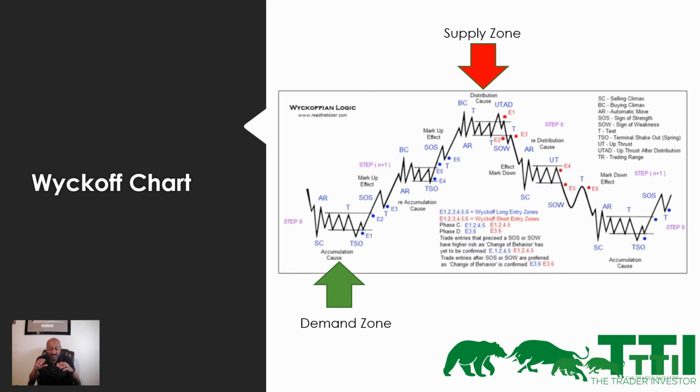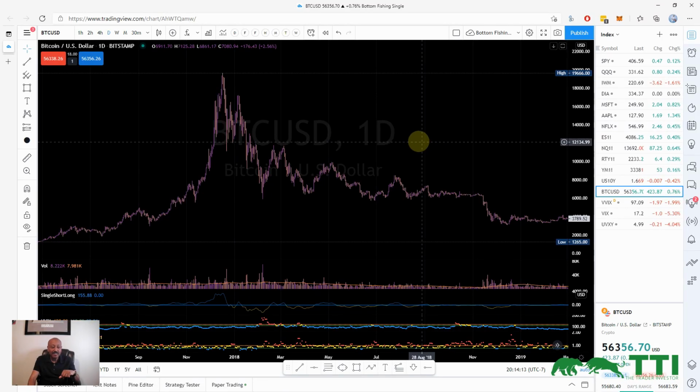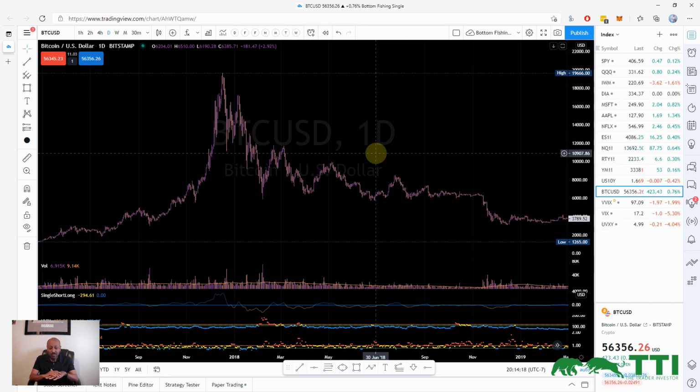Within those trends is where we'll see order blocks, demand zones and supply zones. Mostly for my entries, I look at the demand zones, I look at consolidation areas visually, and then I mark off order blocks on my charts to prepare for them. So we'll go into charts right now and take a look at how that works. And this works in any market.